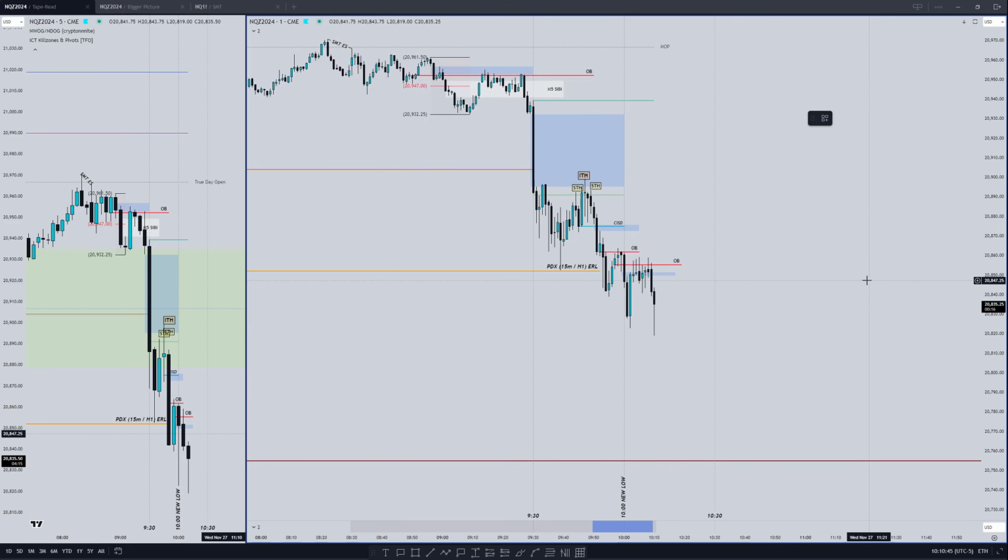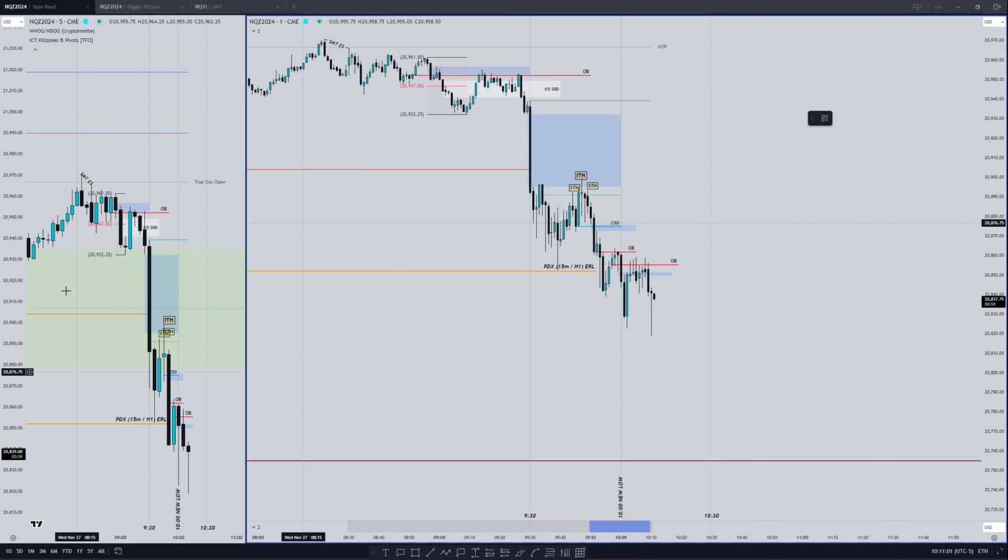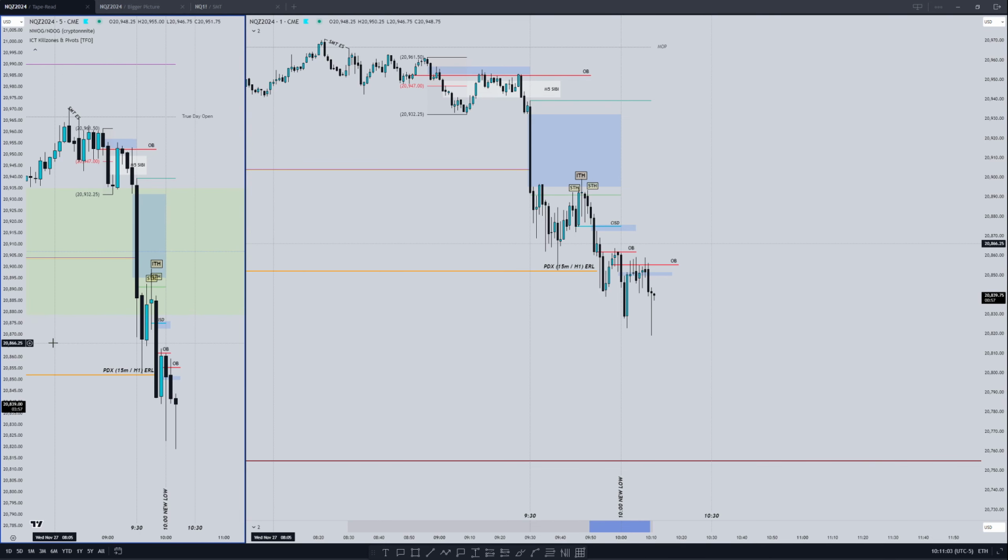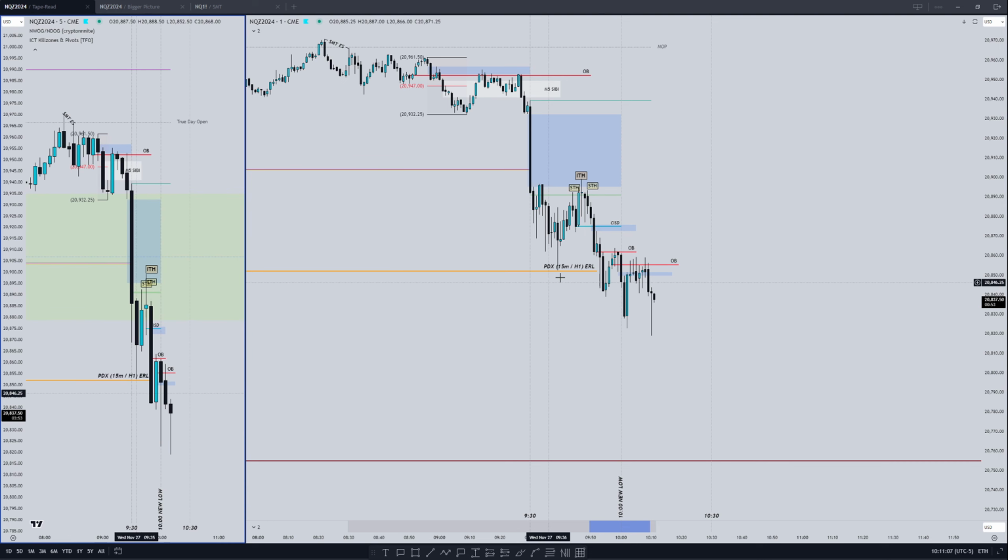It's not necessary that we hit that, but that'd be the next full session profile there. Which if we continue to hold this price action, then I'm expecting it could. It's all extra at this point, though. We got time and price lining up here. Actually, here, sorry.